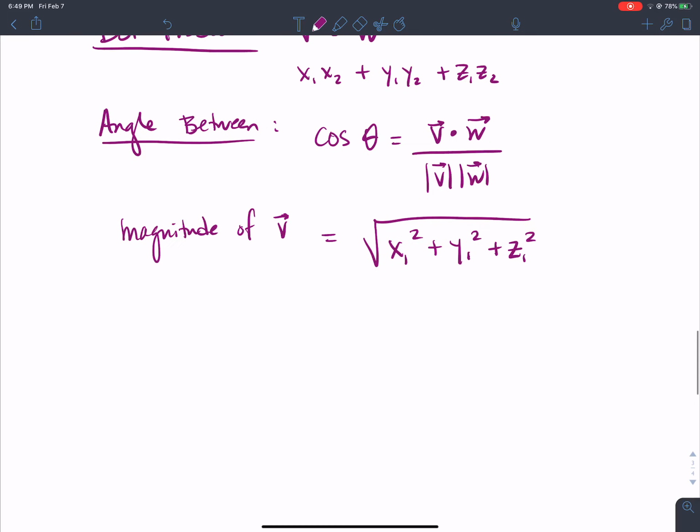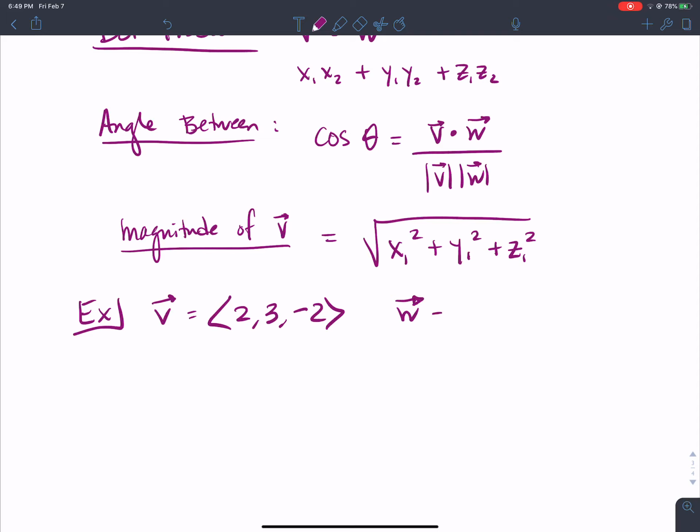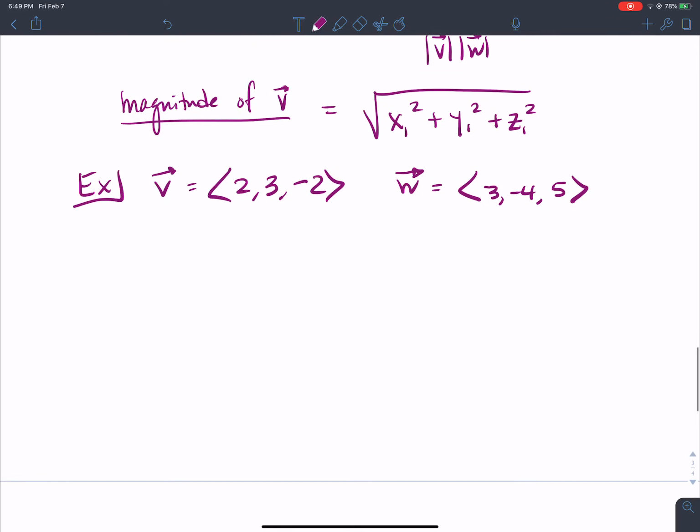So if we do an example, and I give you vector V is 2, 3, negative 2, and vector W is 3, negative 4, 5. I can ask you all kinds of things here.